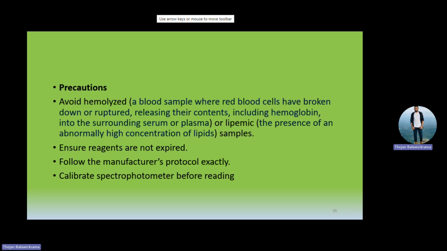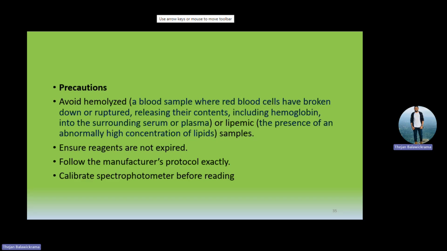And a lipemic sample. If we have abnormally high concentration of lipid, if we are talking about a normal healthy person, there is no problem. But if the patient is sick, abnormally, the lipid content could be high. That's possible. Right. Then we have to be mindful whether our blood sample is a hemolyzed sample or a lipemic sample.